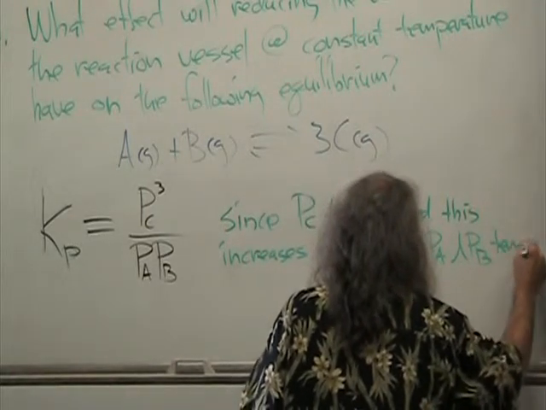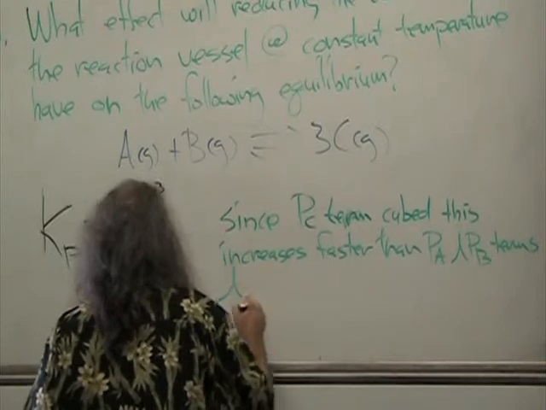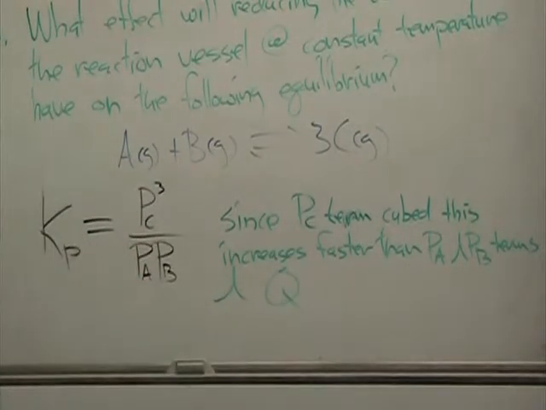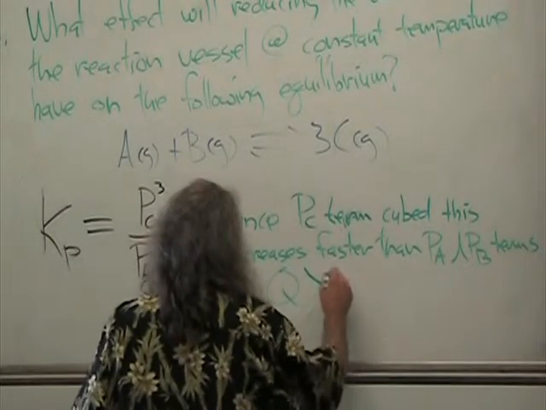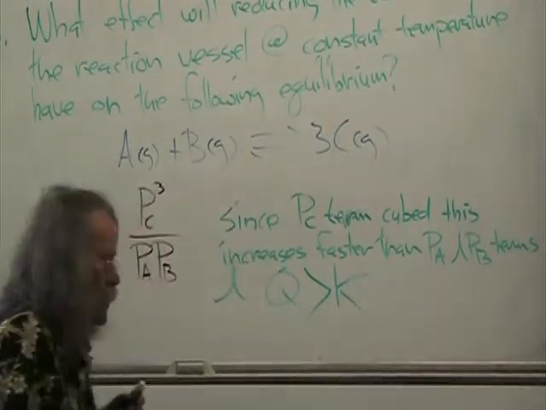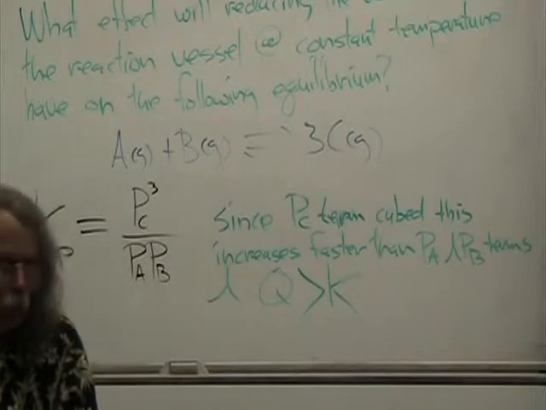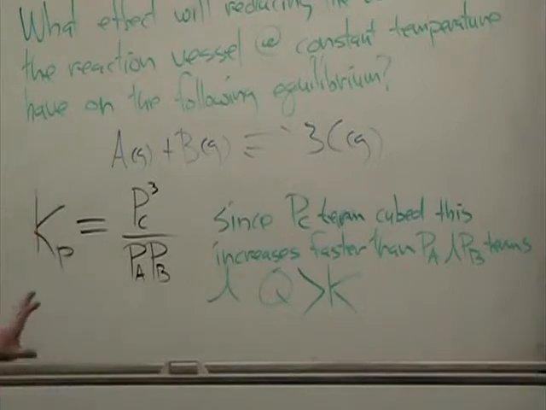And therefore Q is going to be greater than K, since it's in the numerator. So Q is greater than K.